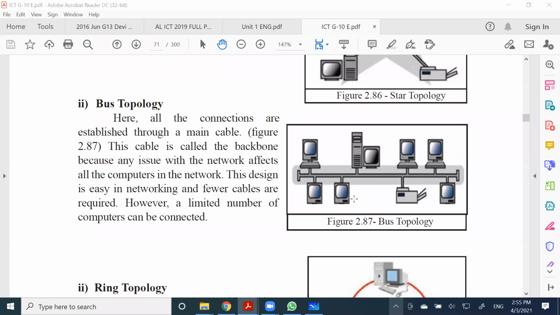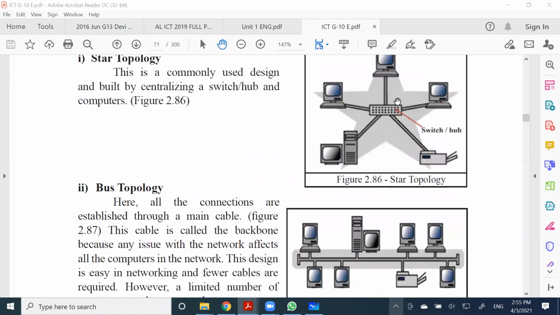That kind of arrangement is called a bus topology. And this bus is given another name, the backbone. Like in star topology the switch or hub works as a central device, here the backbone works as the central path where all others get the chance to connect.